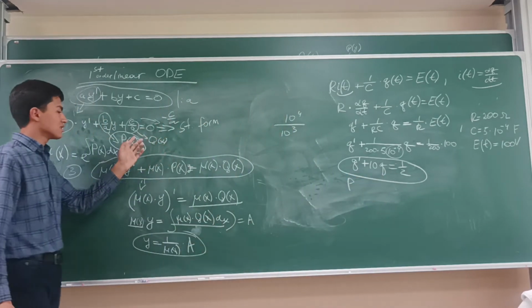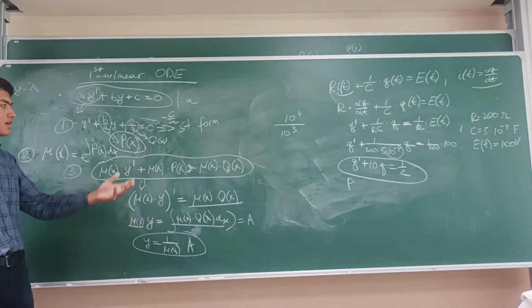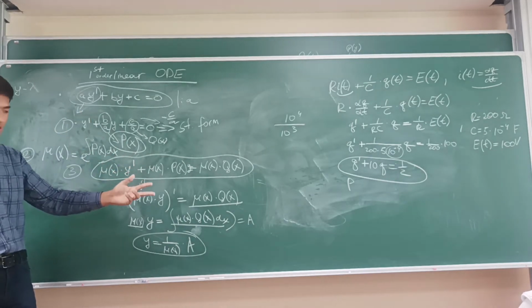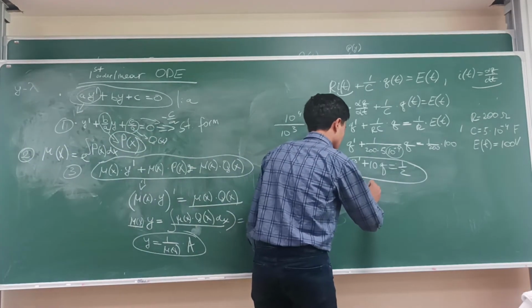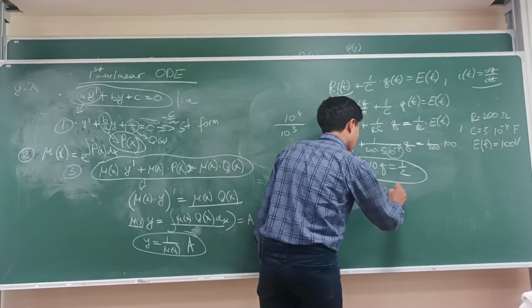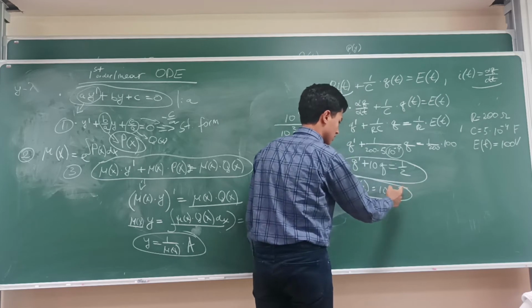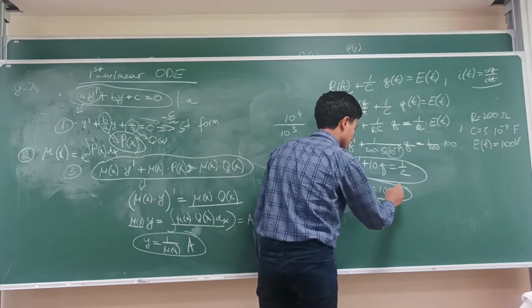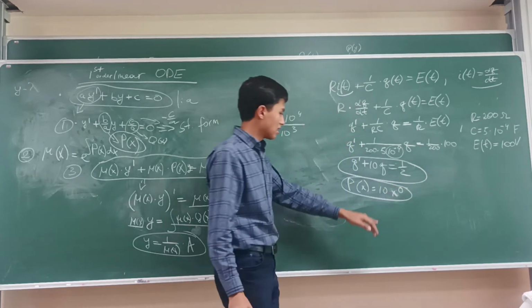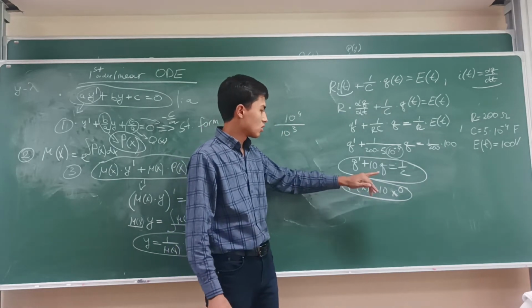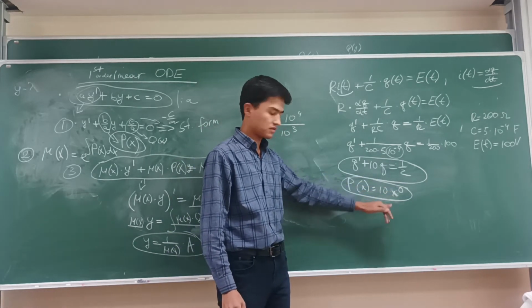The function doesn't always have to involve x. For example, this p(x) can be 10 to the power of 0 times x, so that regardless of input, your outcome will always be 10.